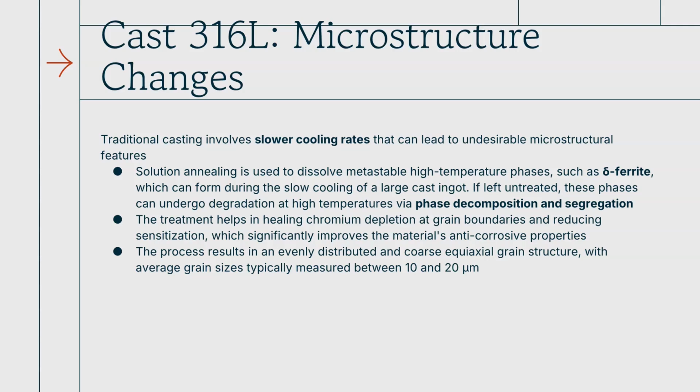If left untreated, these phases can undergo degradation at higher temperatures via phase decomposition and segregation. This treatment helps in healing chromium depletion at grain boundaries and reducing sensitization, which significantly improves the material's anti-corrosive properties. The structure results in an evenly distributed and coarse equiaxial grain structure, with a grain size typically around 10 to 20 micrometers.